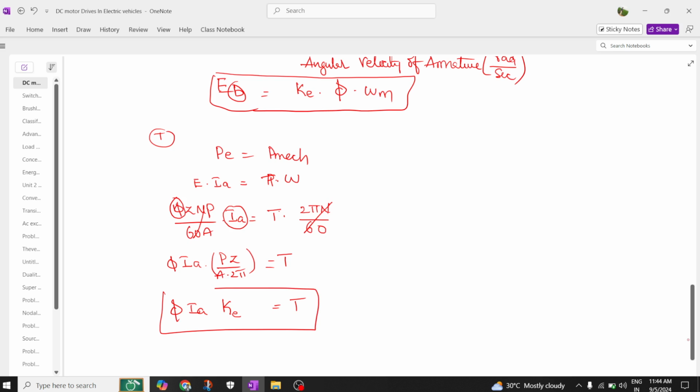This is how the torque is experienced by a DC motor. So torque is proportional to flux into armature current.